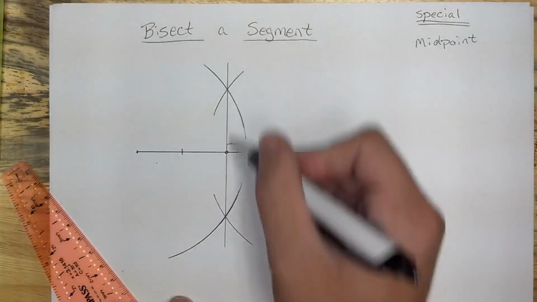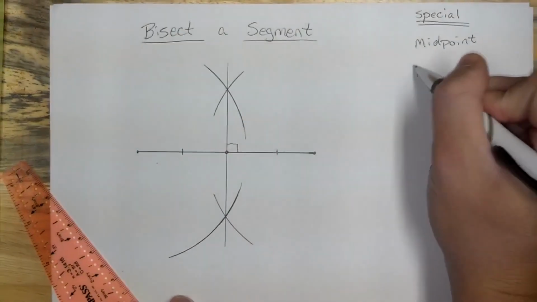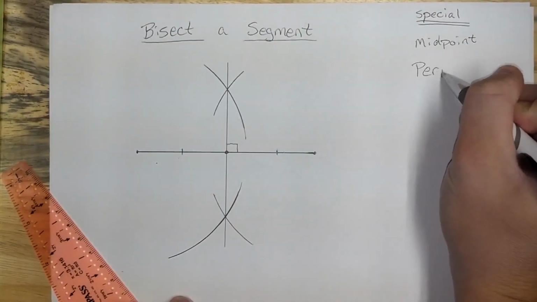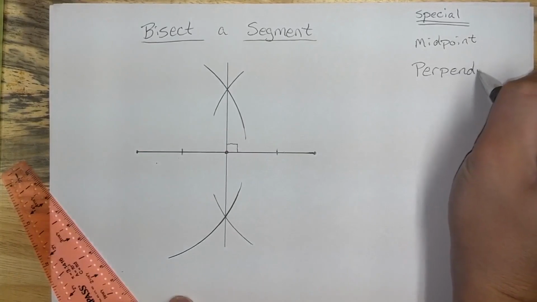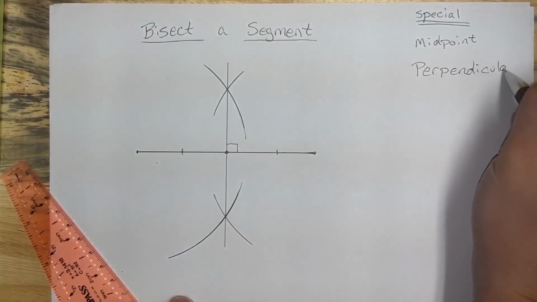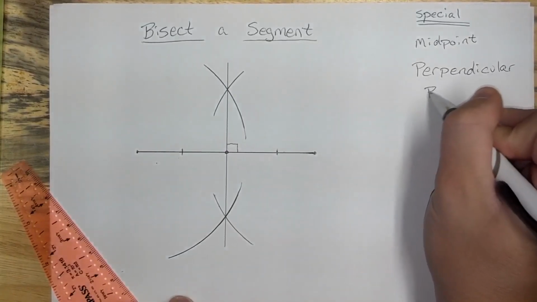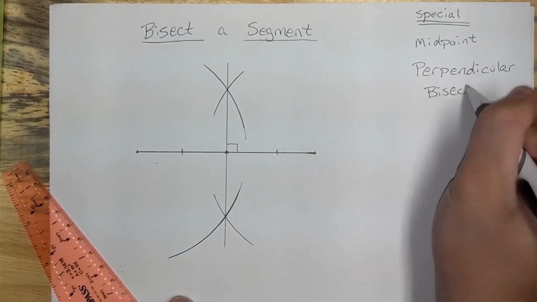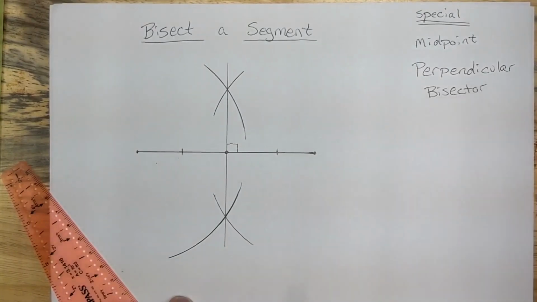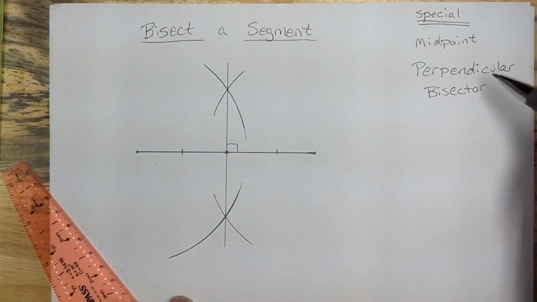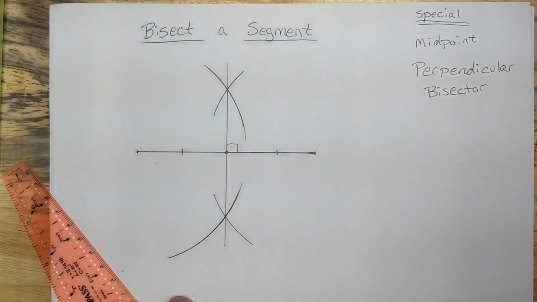So this line going through here can actually be a perpendicular bisector. This is a 3-in-1 very special construction, and that's how you bisect a segment. Create a midpoint, or create a perpendicular bisector.